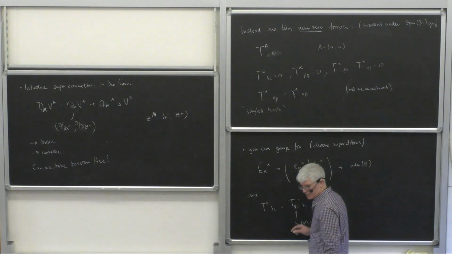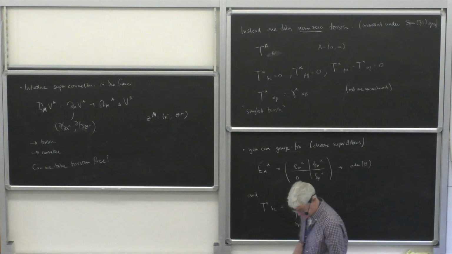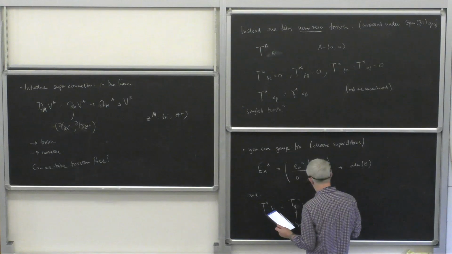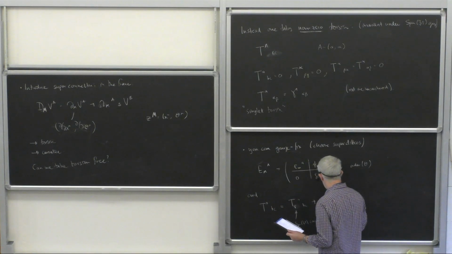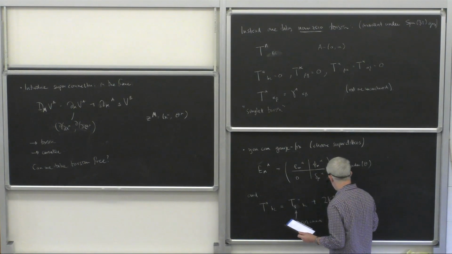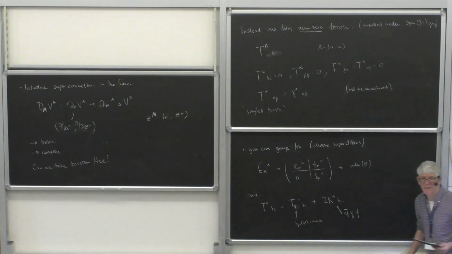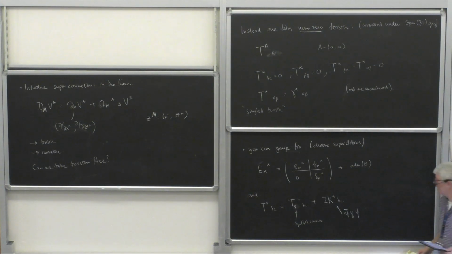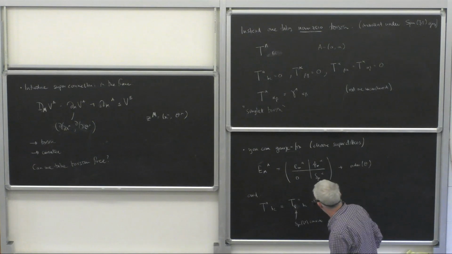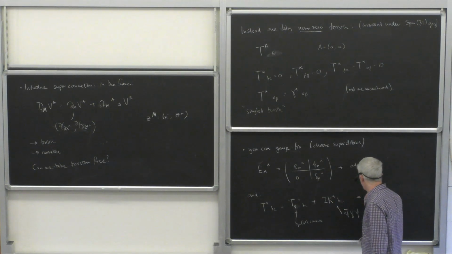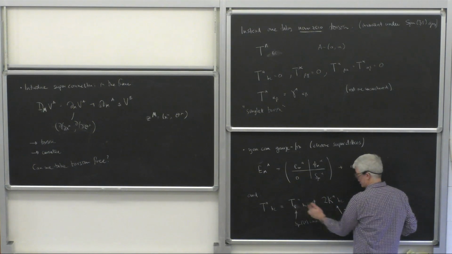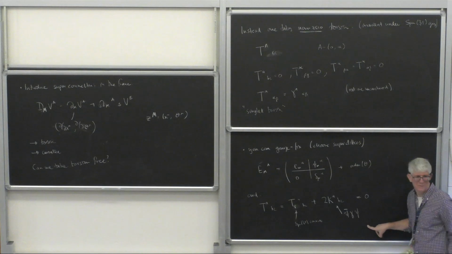And then you get an extra contribution, which is actually twice K, A, B, C, the thing that looks like psi bar gamma psi that we wrote down in the supergravity action. So setting this to 0 gives you a connection with torsion, which was the one we had.